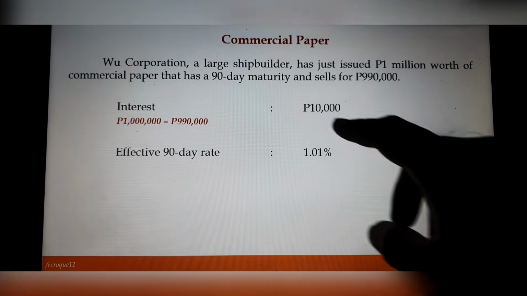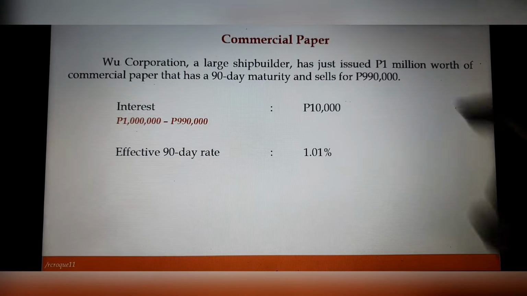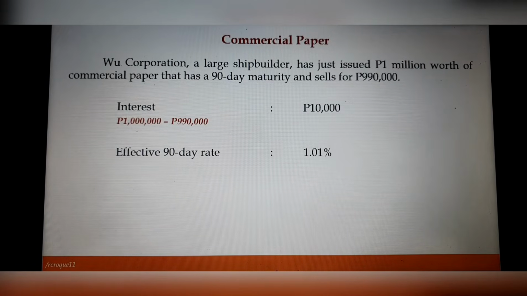Paano nakuha? That's 10,000 over the amount of your proceeds. So, palagi naman na ang numerator natin is the total cost of the loan. It could be the interest alone or plus any other additional cost over the proceeds. Normally, proceeds natin is the amount of loan being reduced by certain given, like kung in advance mo interest or kung may other cost na i-deduct tayo.